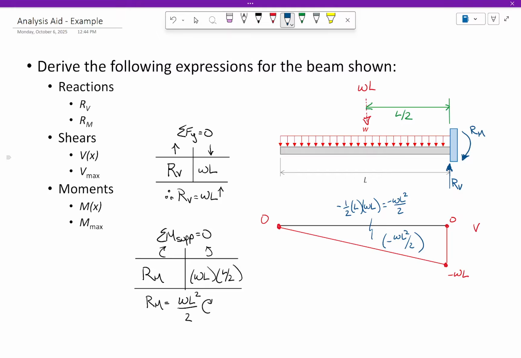Right? Just doing it with letters instead of numbers. It's no different, same idea. And by the way, what is the slope of this line? Minus W.